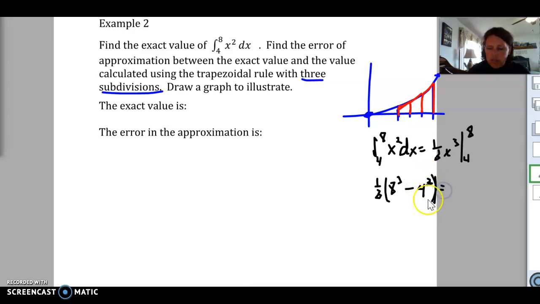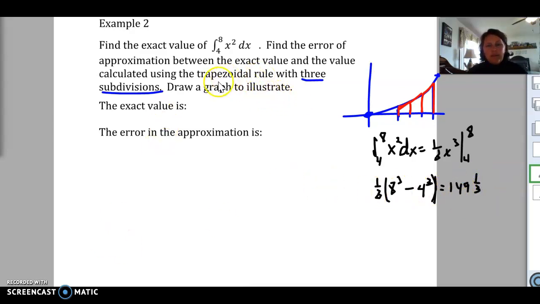Okay, which ends up being an answer of 149 and 1/3 is our answer for that one. Okay, so now we need to do the trapezoid rule.